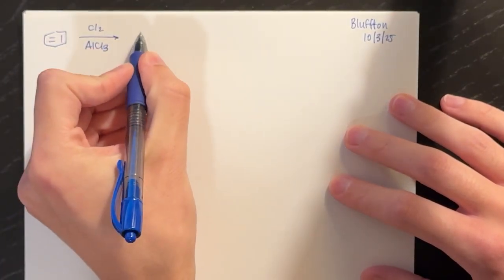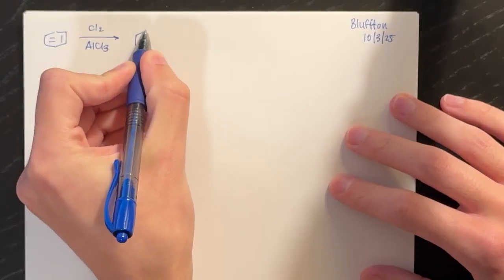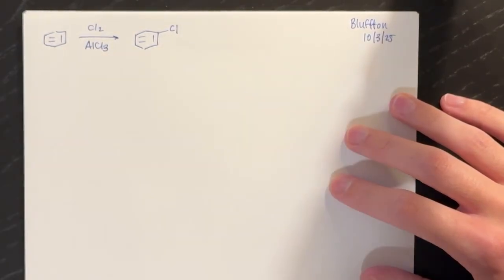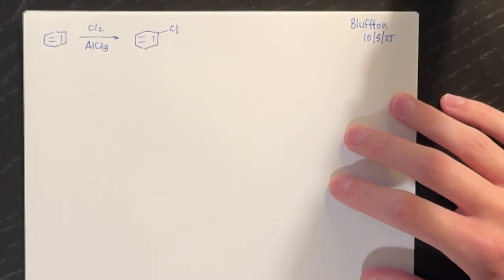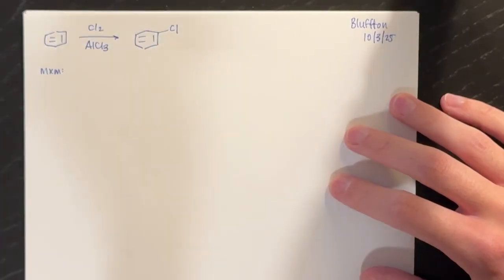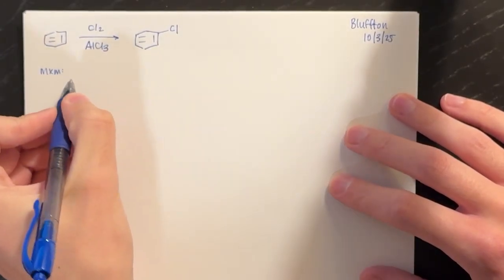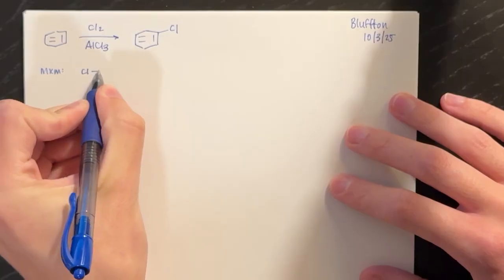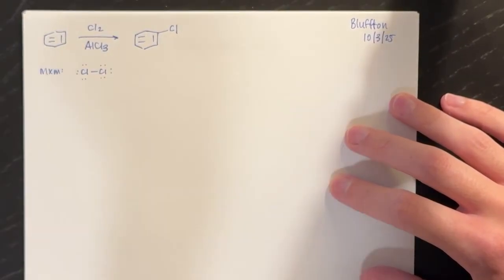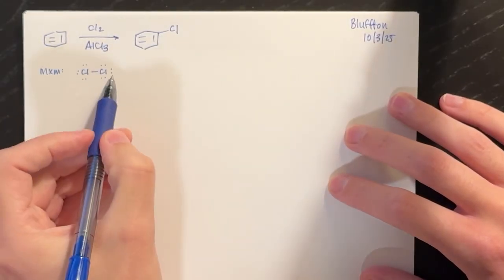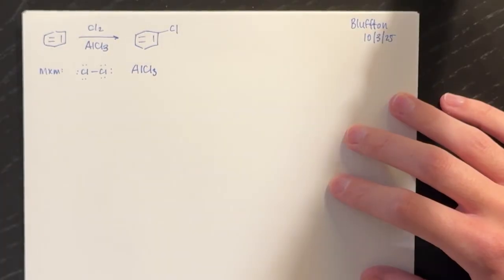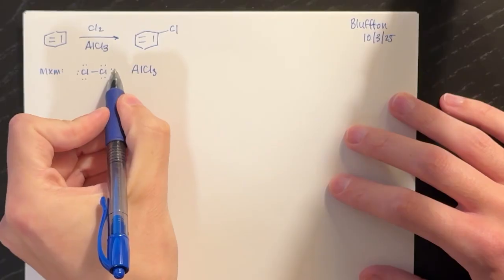The product that we're going to get is a substitution, not an elimination. You get that. So, the mechanism for this, the first thing we'll do is take Cl2, and an electron pair on the chlorine is going to attack the aluminum of our aluminum trichloride.